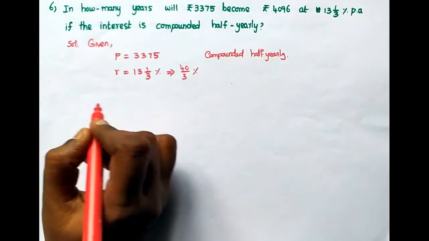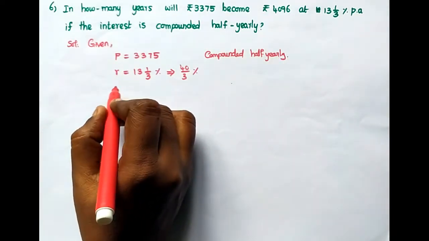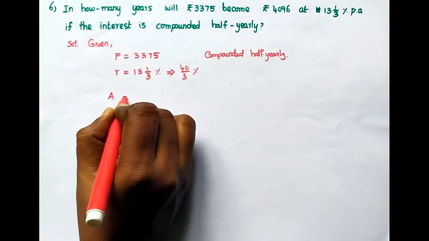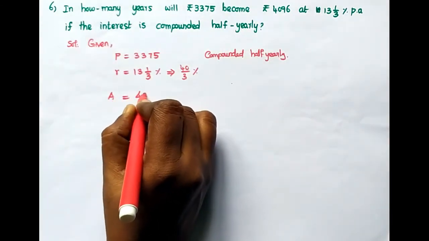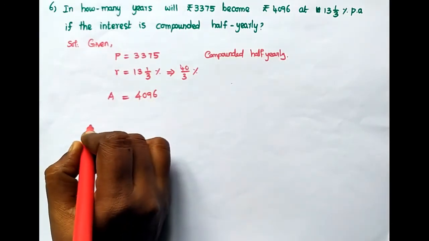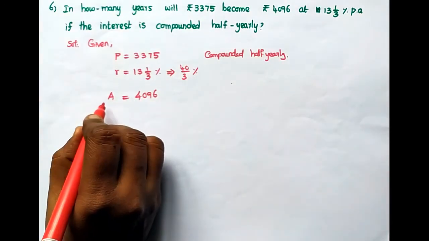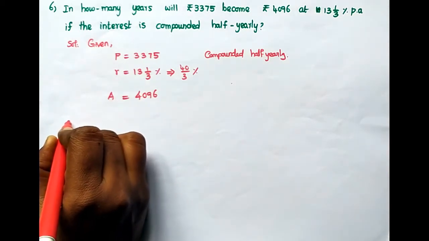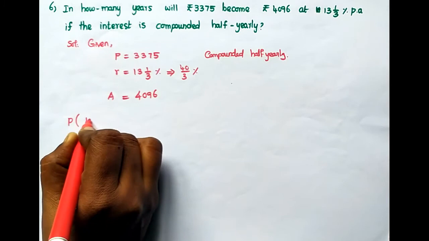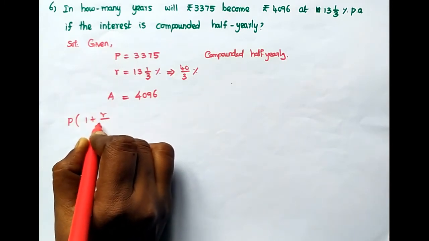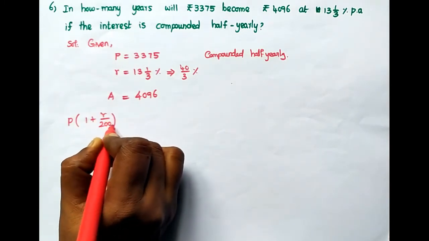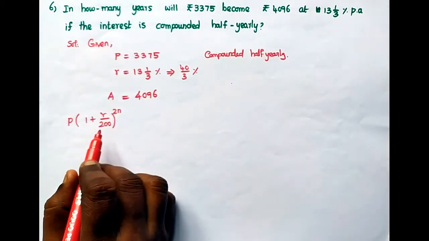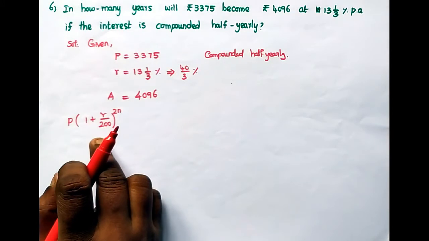So we use the formula, and then one more thing, they give an amount also, amount equal to 4096. Now the formula is, instead of amount we apply the formula P into 1 plus R by 200 whole power 2n, that is compounded half yearly.